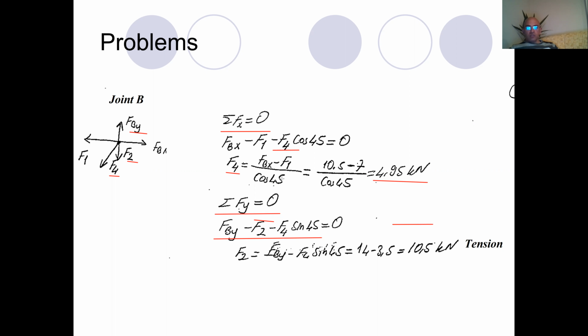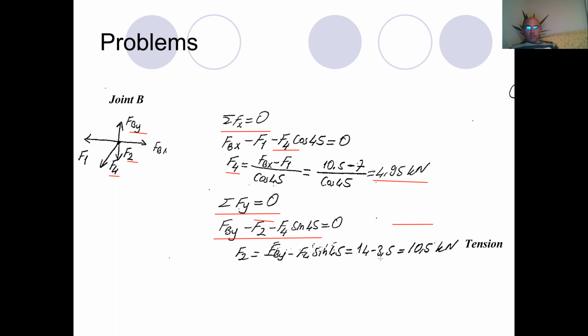We already calculated F4 from the x direction equilibrium. Therefore, F2 is equal to Fby minus F4 multiplied by sine 45. So Fby is equal to 14.